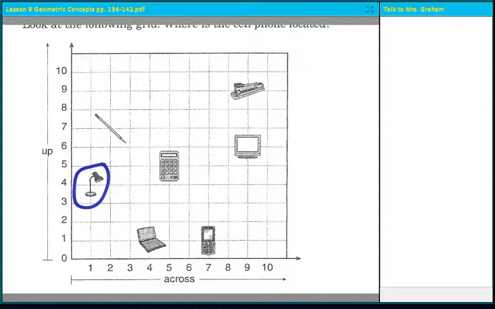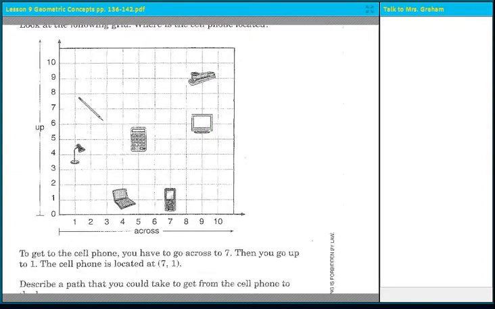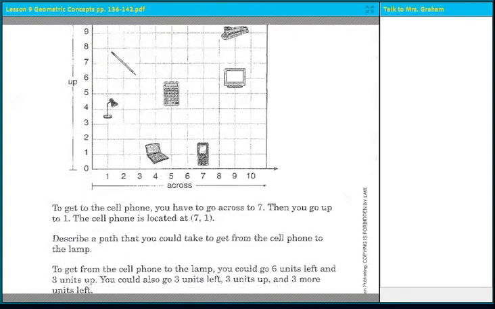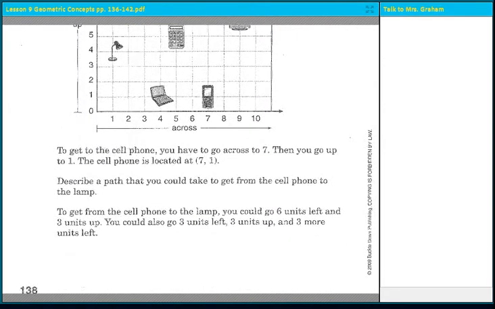I'm not just going to say the lamp is on the left, kind of towards the top middle-ish part. What I'm going to do is say the exact spot where that lamp is. I'm going to give the exact numbers, so that if someone else wanted to find that lamp, they could go to those numbers and see it there. Okay?